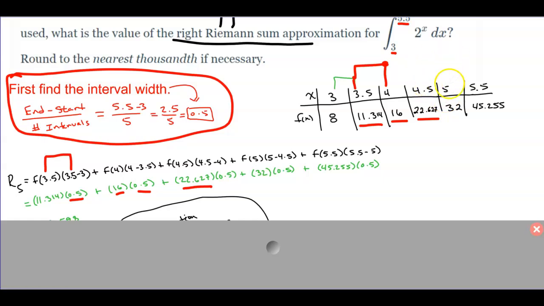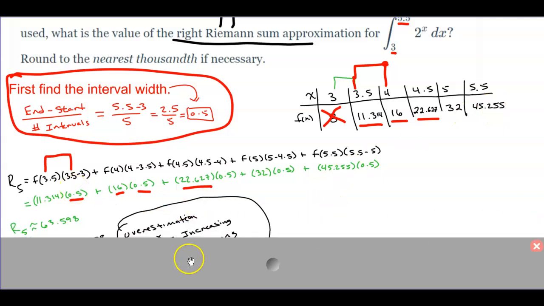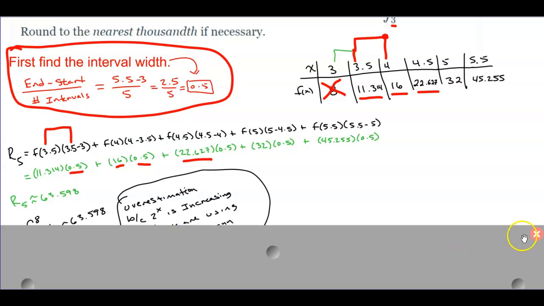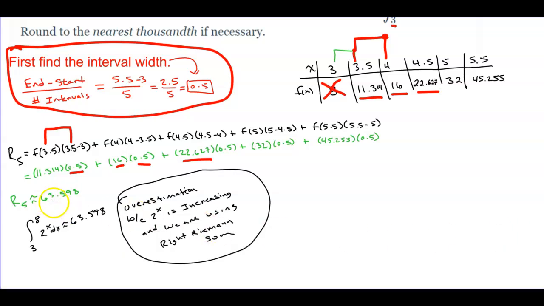And then I'll do the next one at 32, and the last one at 45.255. Notice how we're not using the first given output. You don't use that when you're using the right rectangular approximation. If I was using the left one, I would use it, and I would ignore the last one. So then you multiply those together, add them up, and you will get your area underneath the curve is 63.598.